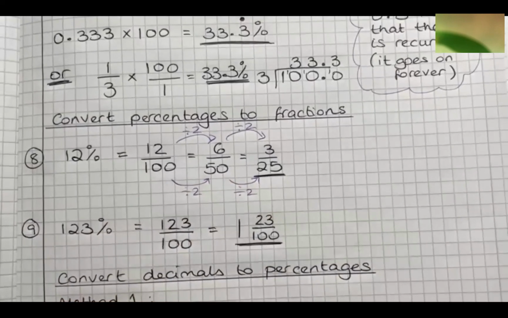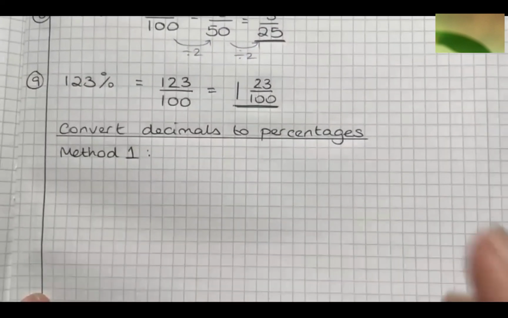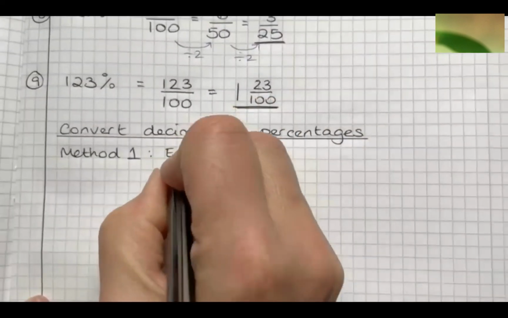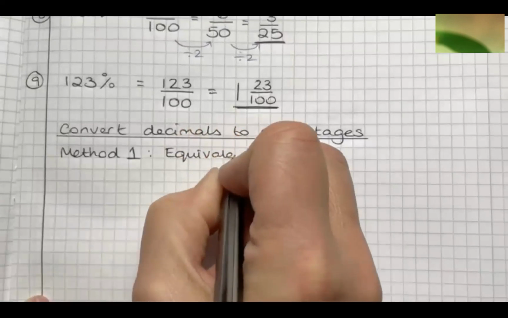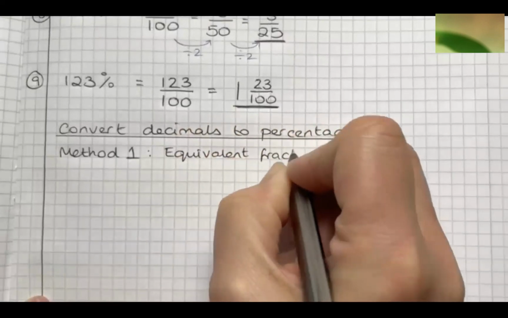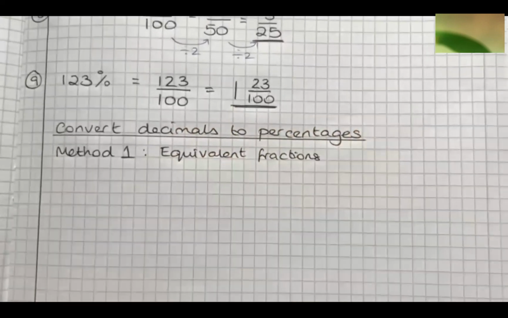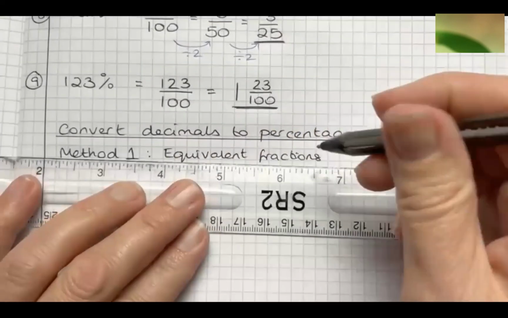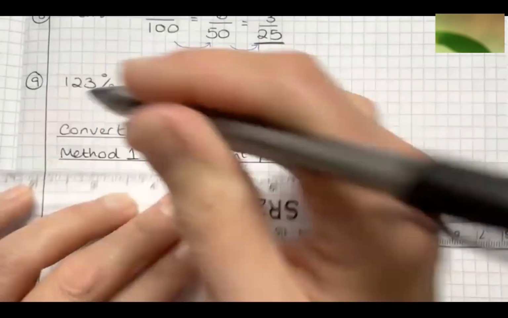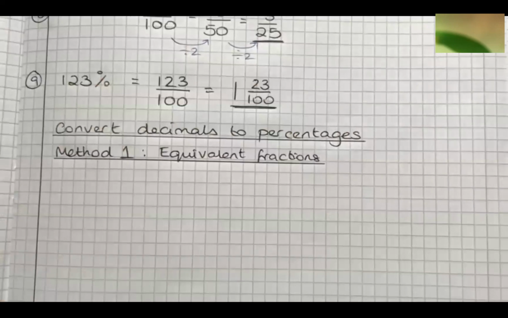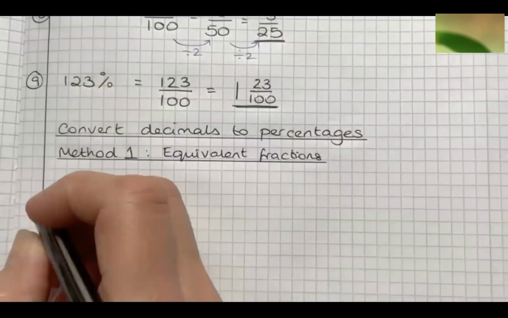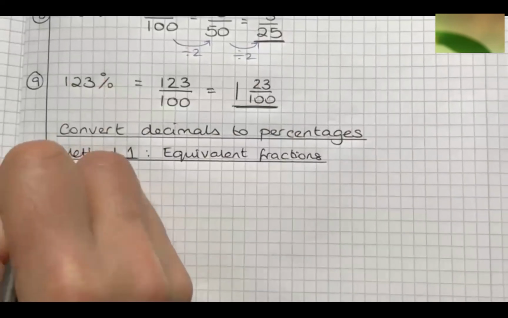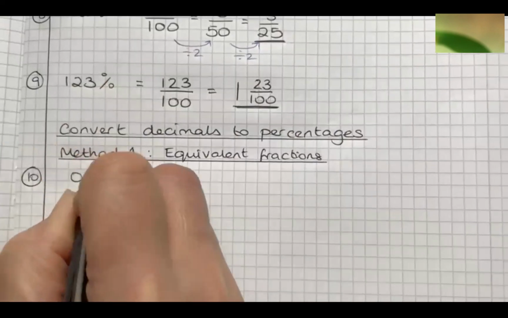I tend to prefer the second method, but I'll show you both. Method 2, using equivalent fractions. You'll often find in maths there's multiple different methods, and you can use the method that you prefer or best suits the question. So, for example, we have 0.3.